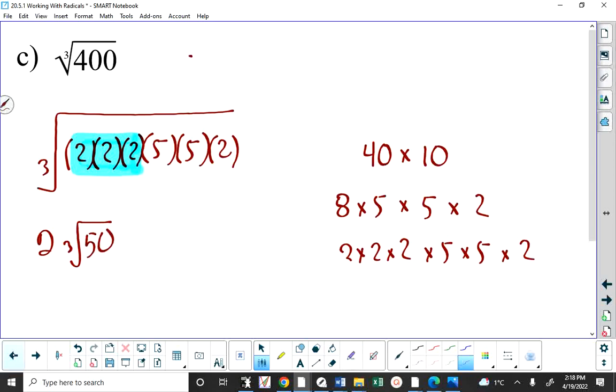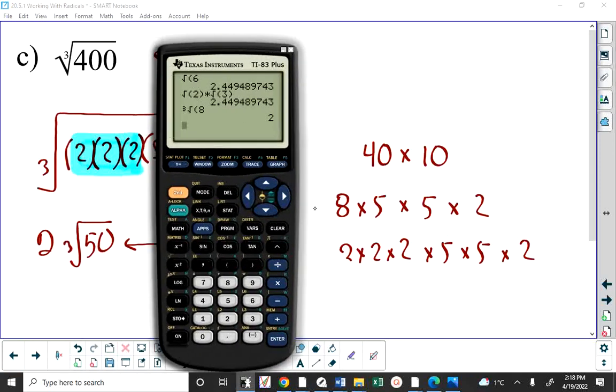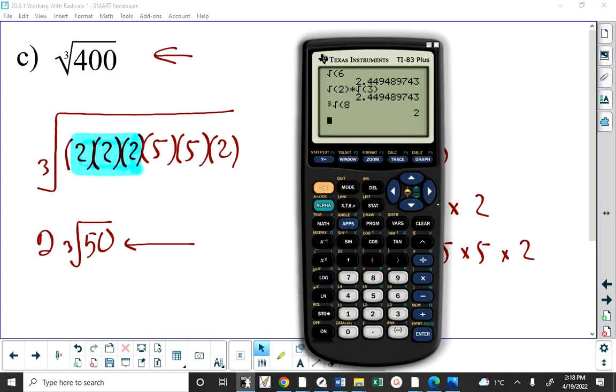So let's confirm that the cube root of 400 and 2 times the cube root of 50 are equal. Keep in mind, of course, your calculator is not giving you the exact value, but we know that if the decimals match, they're the same. So I can take the cube root of 400, and then I can take 2 times the cube root of 50. I get the same thing.